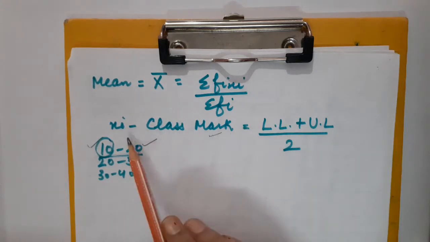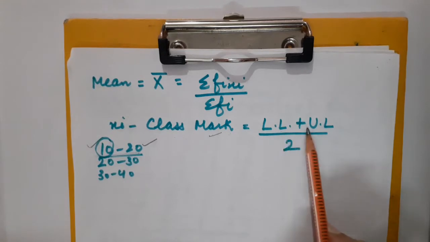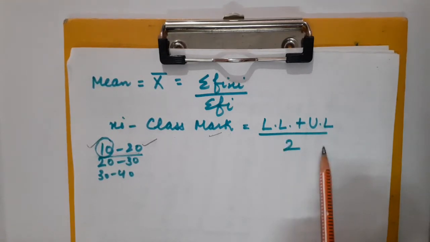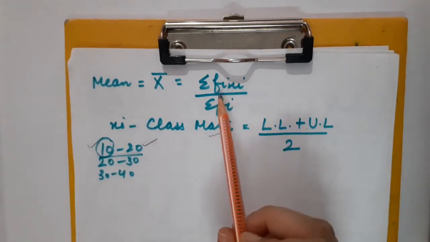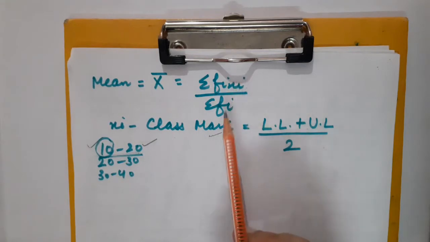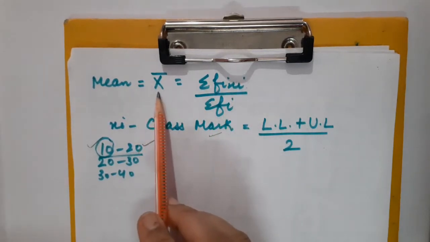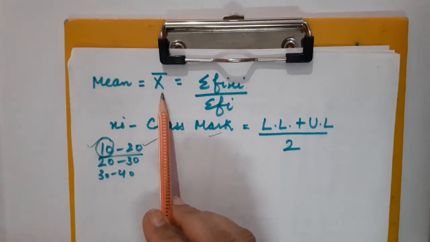We represent it by xi, that is class mark, which is equal to lower limit plus upper limit divided by 2. Correct, children? After that, we knew the frequency and we multiplied it by class mark and we calculated its summation, and ultimately we divided it by the sum of all the frequencies to come to know about the mean or the average using direct method.